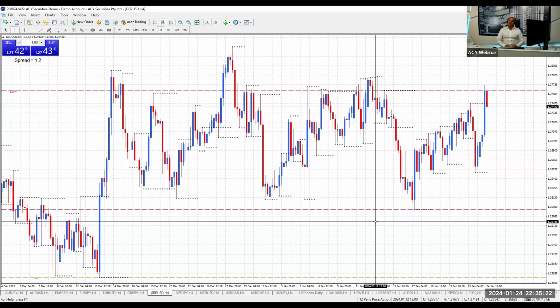Now remember, you could have a pending order set too. So with these levels, you could literally look at it and say, all right, if it gets down to this price, trigger me in. Therefore, you don't have to be watching this particular strategy. So it's kind of useful like that.